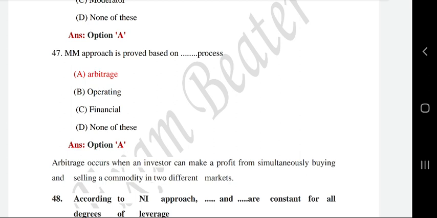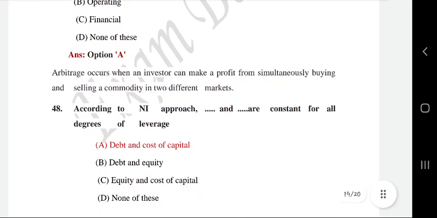Arbitrage means when an investor can make a profit from simultaneously buying and selling a commodity in two different markets. Question number 48. According to the NI approach, dash and dash are constant for all degrees of leverage.